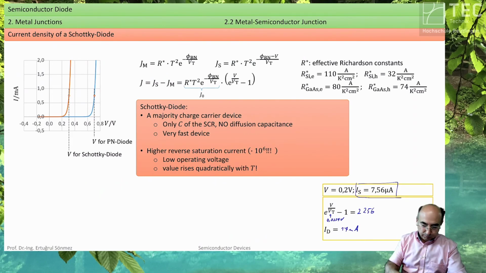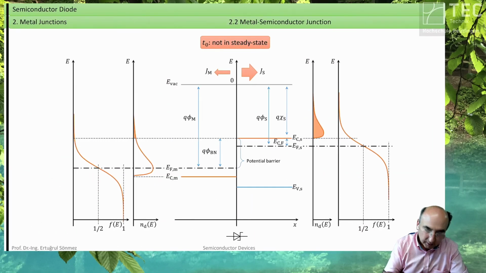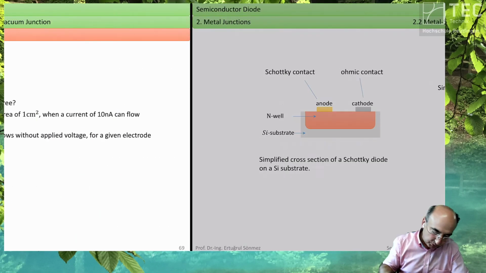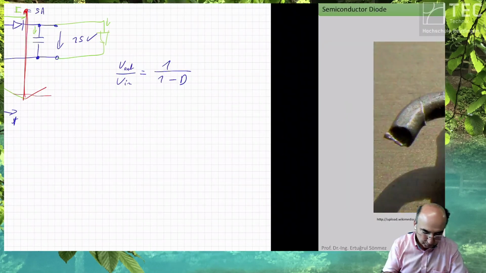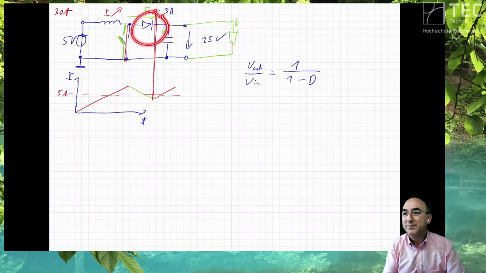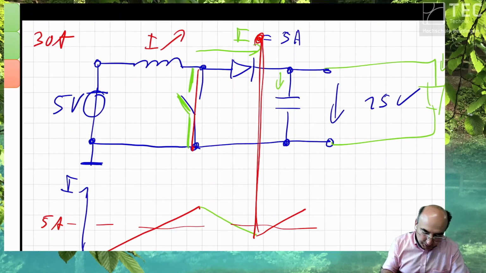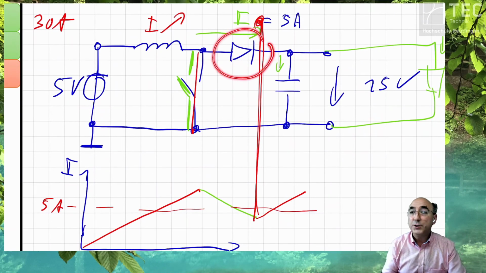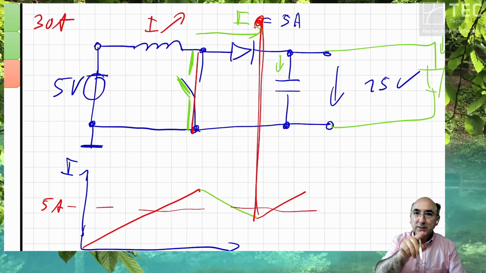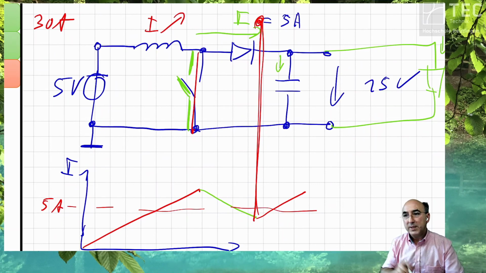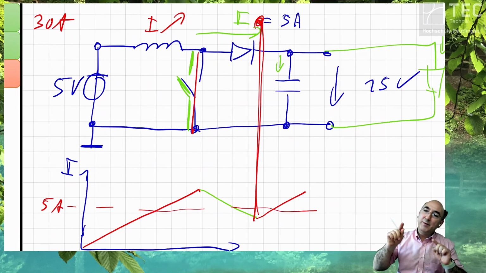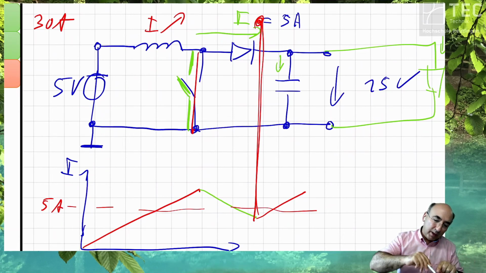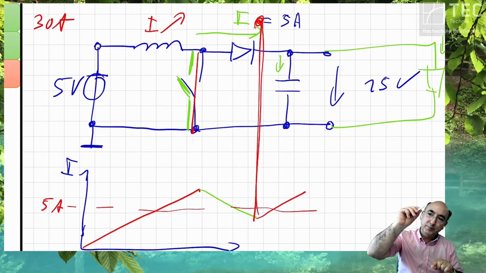Now you say, now I come back, Mr. Bota, to your question. What do we do with this problem? We use here a Schottky diode, but not in silicon, but in silicon carbide. Silicon carbide has a wide band gap. Having a wide band gap, you have a high Schottky barrier.